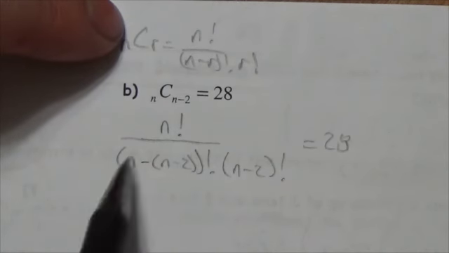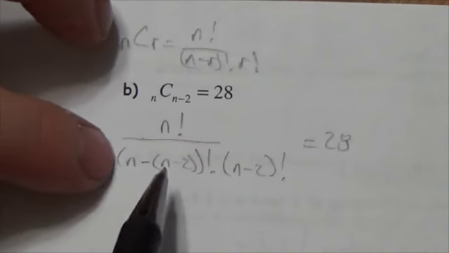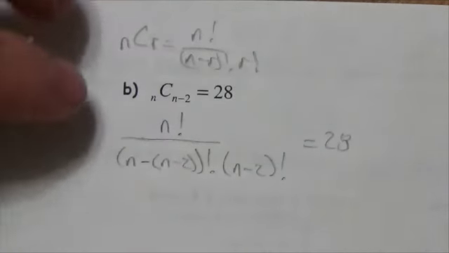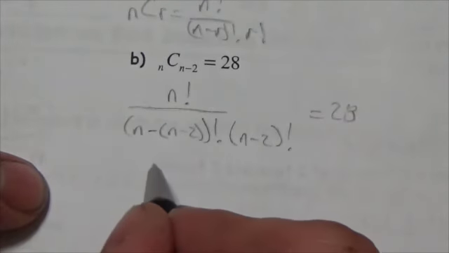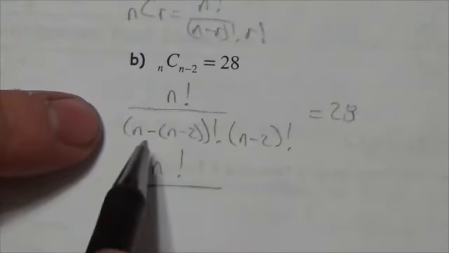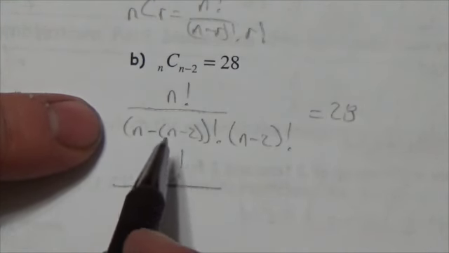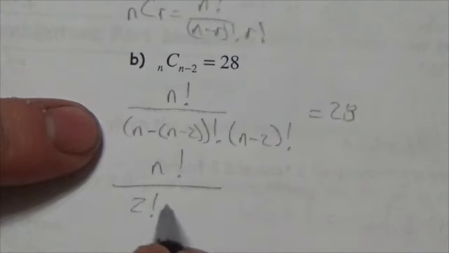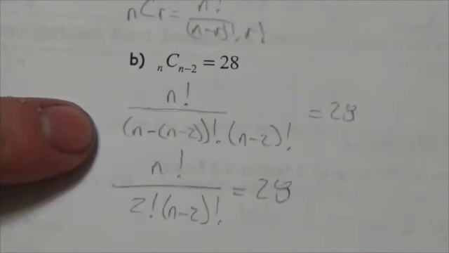Sometimes it's the fact that there's a binomial in there, and there's a little bit of algebra going on inside the combination notation here that can be a little confusing. So this will be n factorial. Now notice if you distribute the negative through here, the n's will cancel, and you're left with a 2 factorial, n minus 2 factorial equals 28.